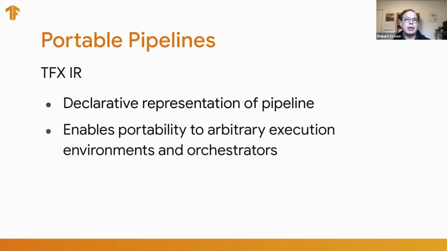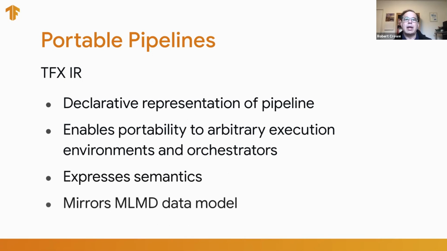So that enables portability to arbitrary execution environments and orchestrators. And it expresses the semantics that we just talked about in the DSL and the SDK. And it mirrors the MLMD or ML metadata data model, which we'll talk about in a second.